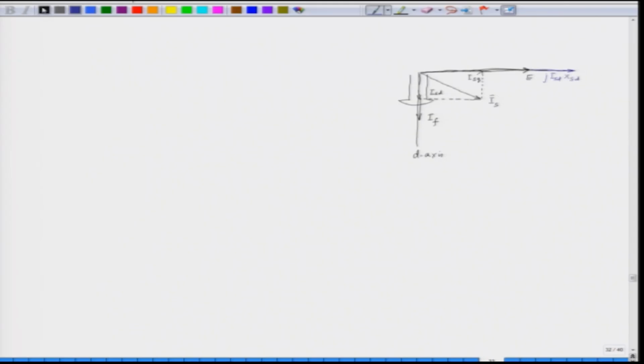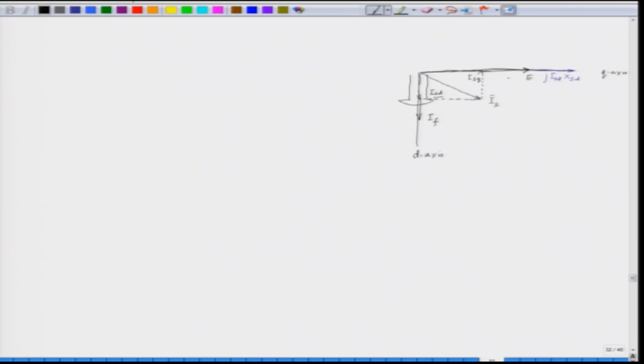This is our q axis. The reactance drop is at right angle to the current. The current I s d is along this direction, so the reactance drop is at right angle to it. So, we have a j term here.